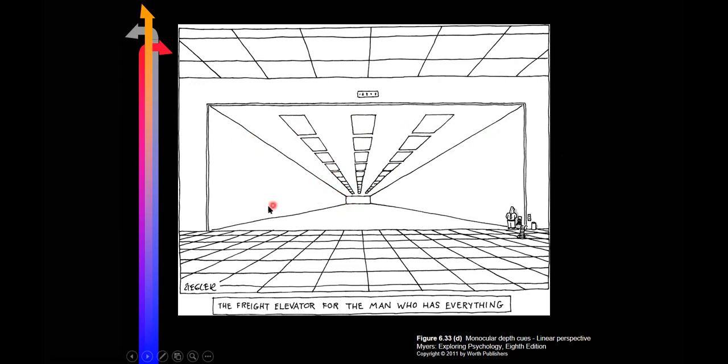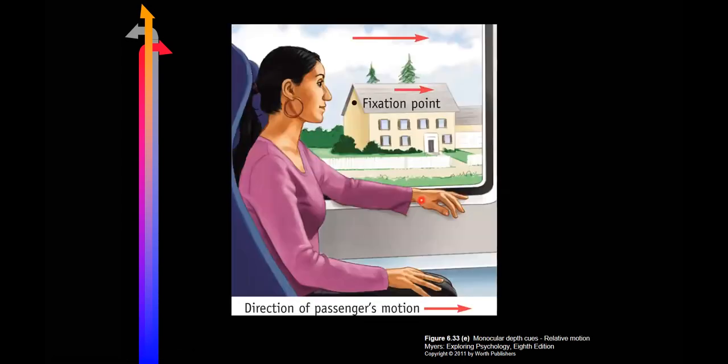The walls are going off into the distance. And again, one of my students pointed out, oh, there's also relative size. Look how small the man or lady here is in reference to the ceiling. It must be very tall as well. Okay, so relative size and linear perspective.